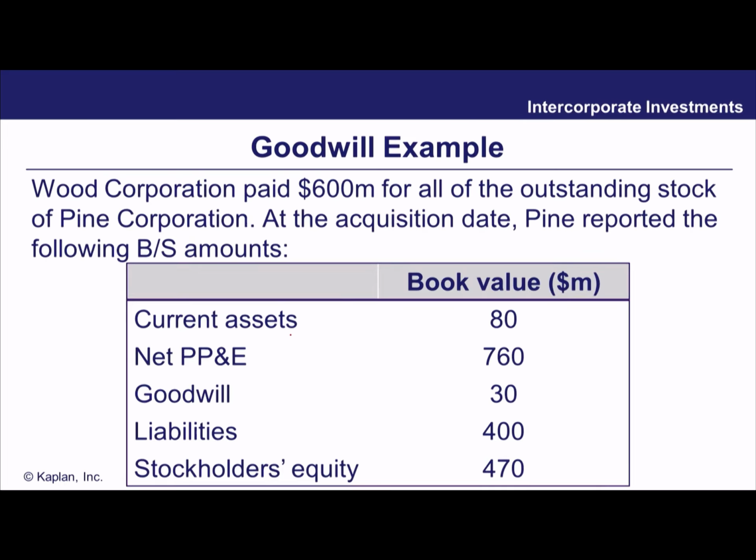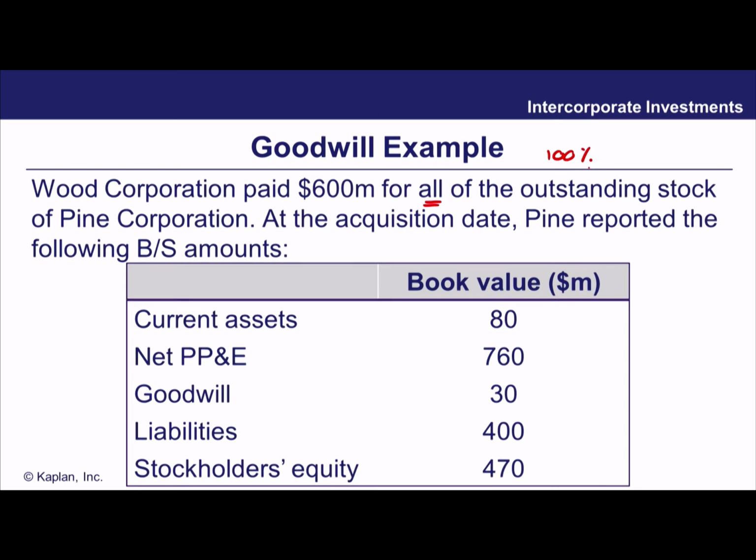Okay, so Wood Corporation paid 600 million for all of the outstanding stock of Pine Corporation. So all of the outstanding stock, so we've got 100% of the share capital, and of course that means no minority interests. At the acquisition date, Pine reported the following balance sheet amounts.